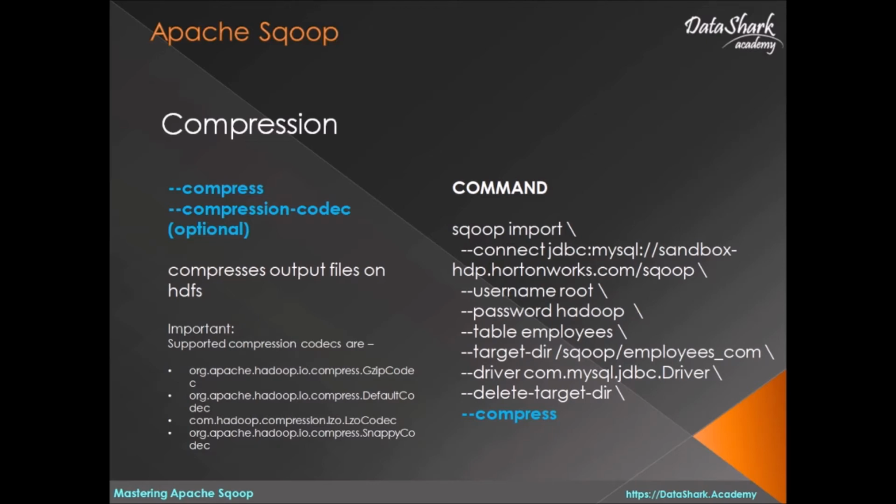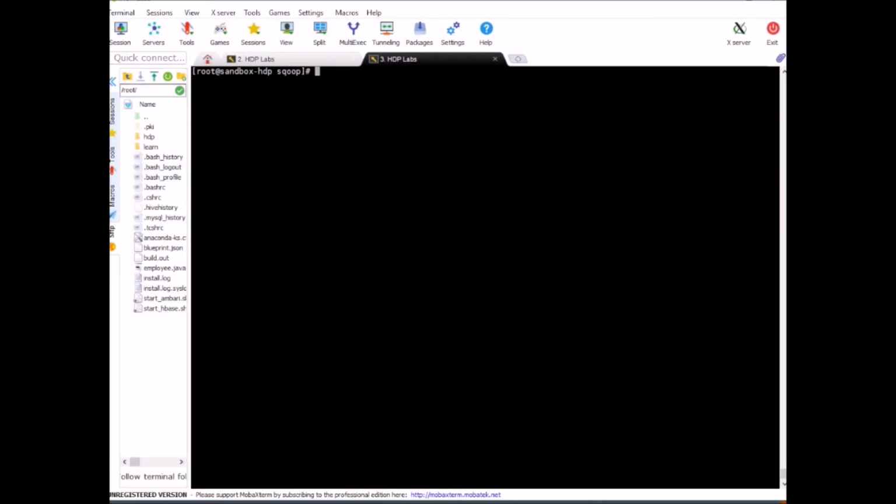So let me bring up the CLI. This will also be a Sqoop import command, and I will use the option file. Table will be employees.